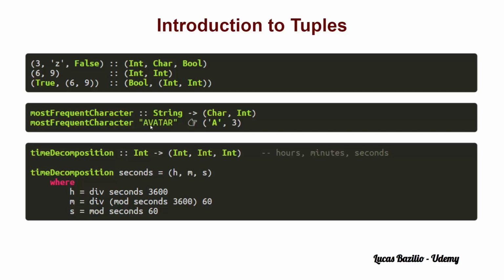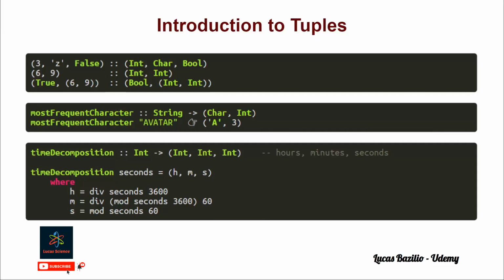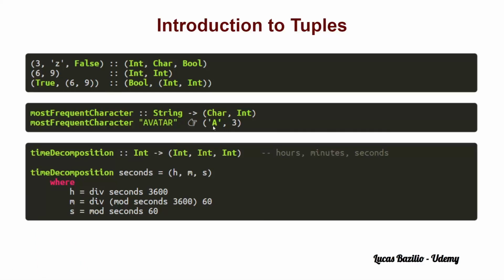Here's the first A, the second A, and finally the third A. So in this case, we see the output of this function. This function returns that the most frequent character is the A character, and the number of occurrences of A inside this string is a total of 3 occurrences.